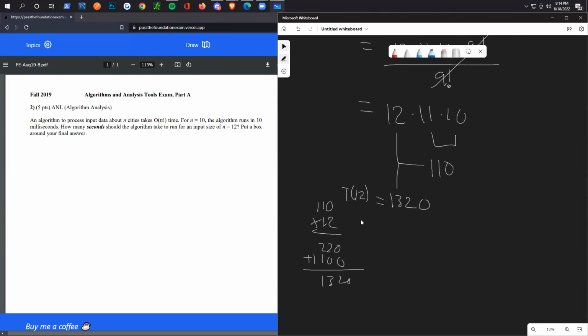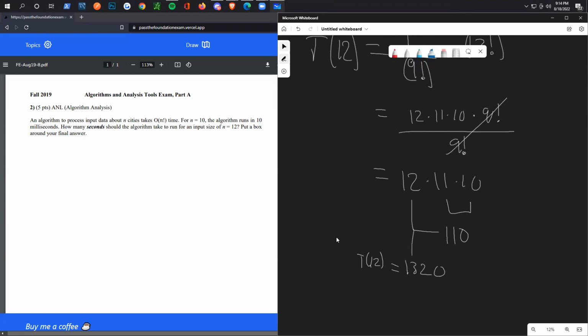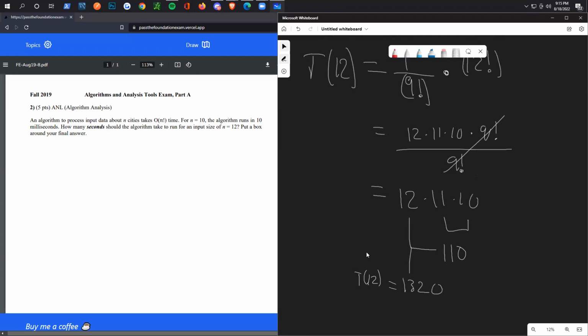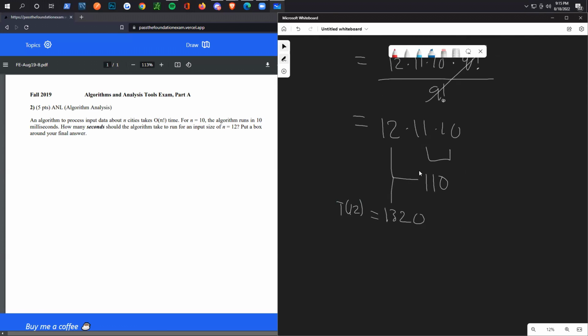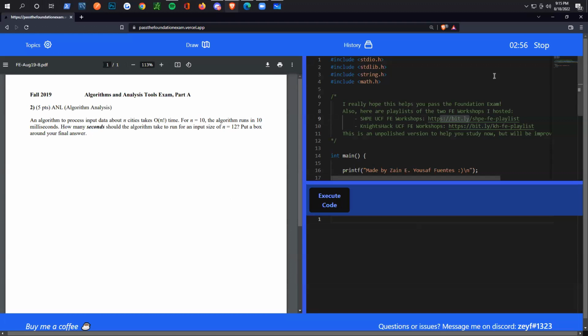But one thing is, okay, let me see. They wanted to give you seconds. So if you had milliseconds and they want you to do it in seconds, you're going to have to multiply by 1,000. So to go from millisecond to second, you multiply by 1,000, and that'll give you the final time.